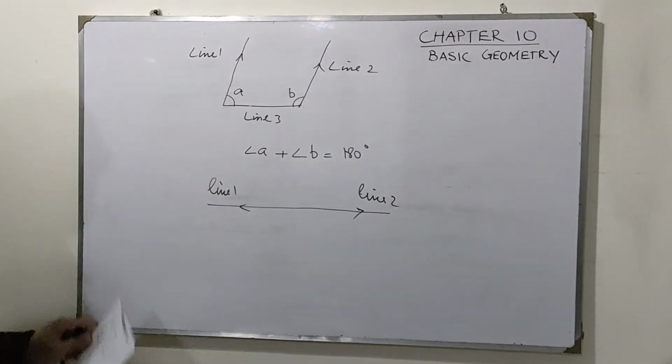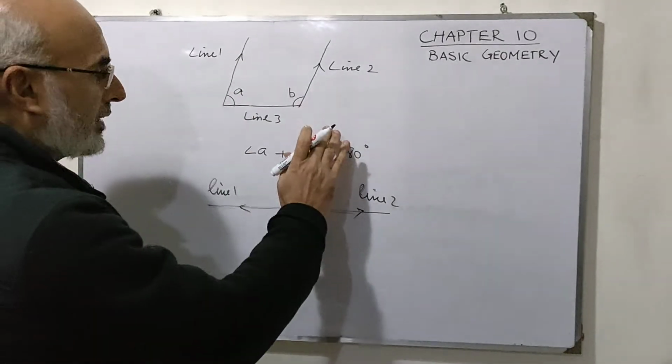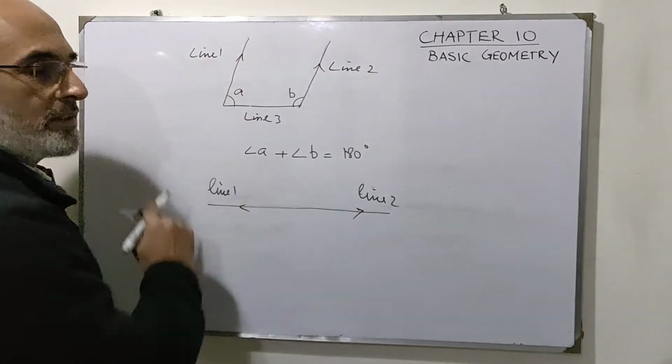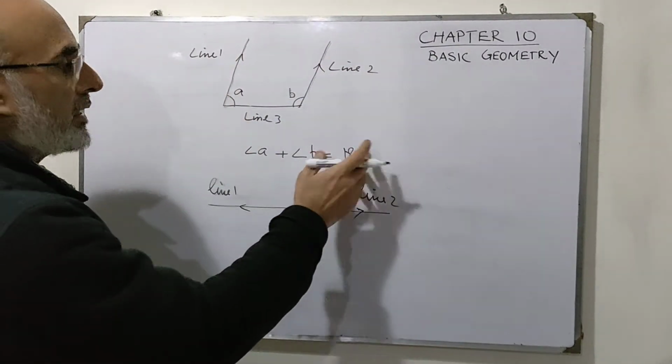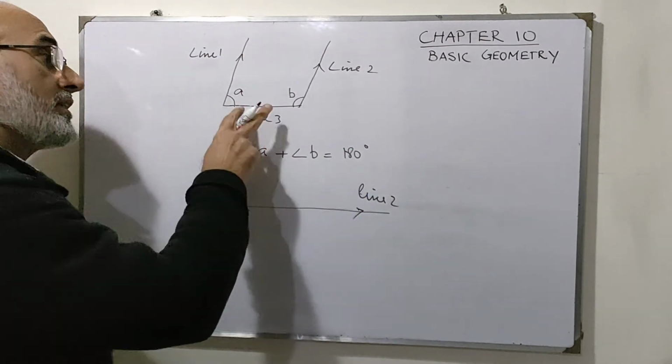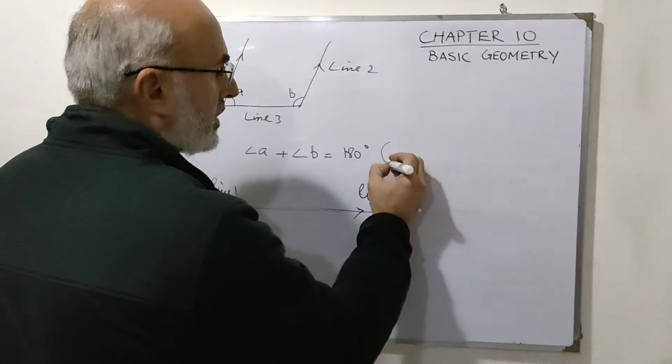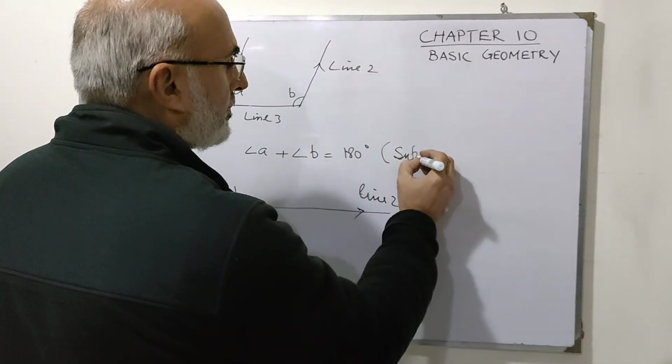So I have straightened it up, so it's just a straight line, and the angle formed by these two, A and B, is equal to 180 degrees. And since it's a pair of angles and it is equal to 180 degrees, it is called supplementary as well.